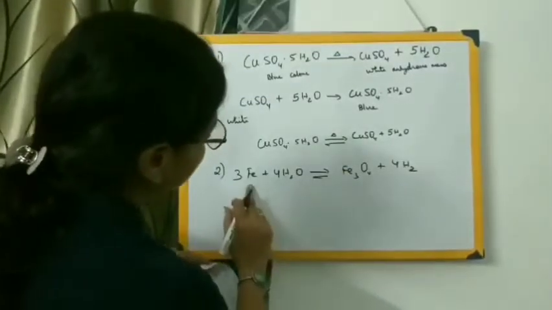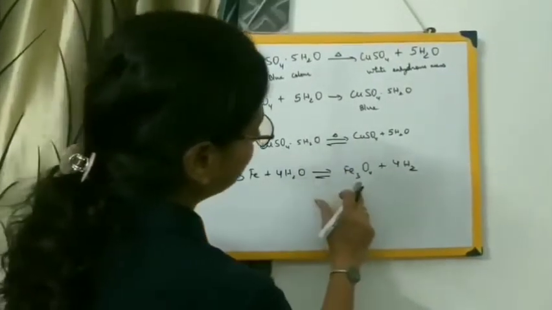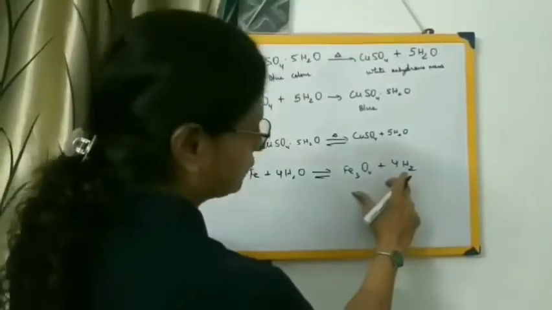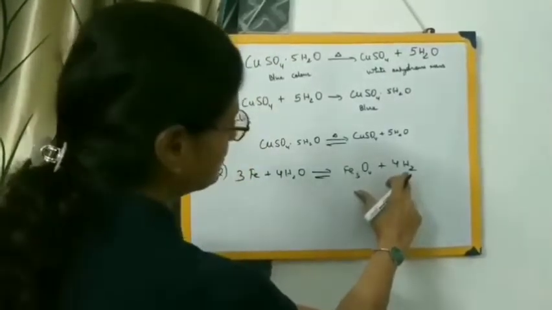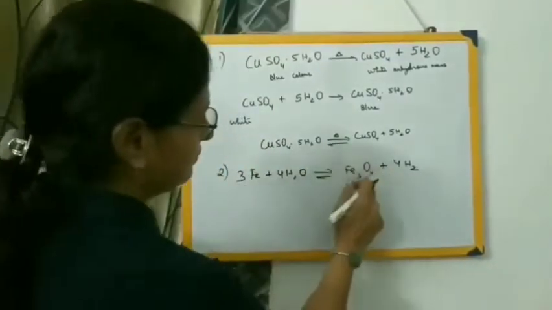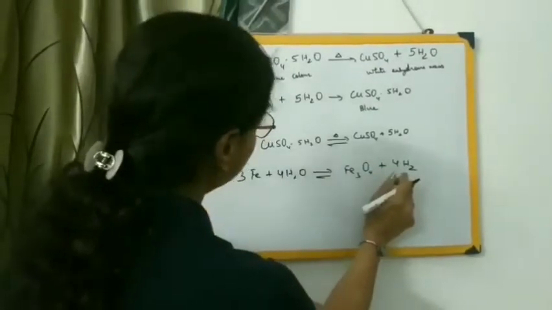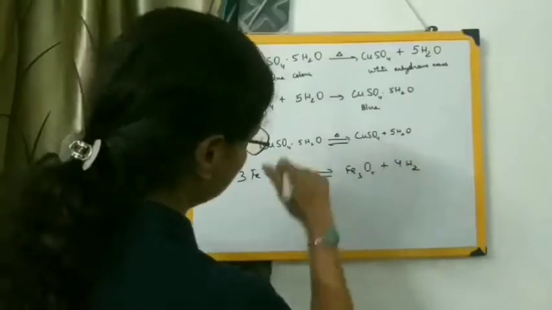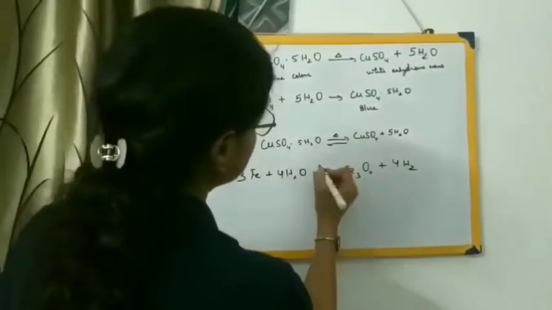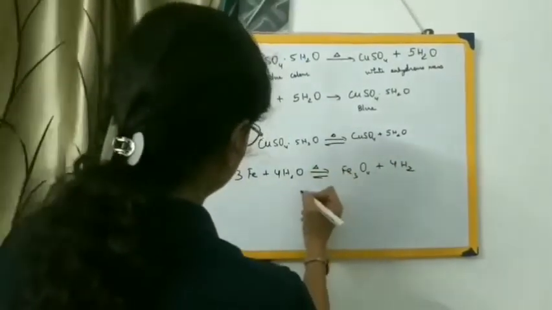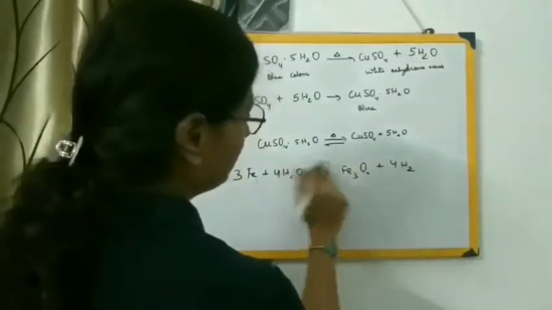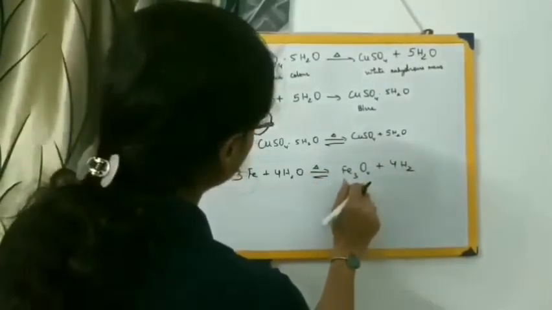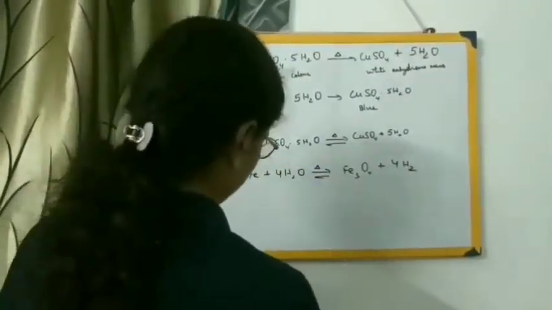That means iron reacts with water molecules forming triferric tetraoxide along with hydrogen. If the conditions are reversed, again it reverses back. That is, when it combines with hydrogen once again, it forms iron and water molecules. So on heating we get this, and again these combine back and we get our original product.